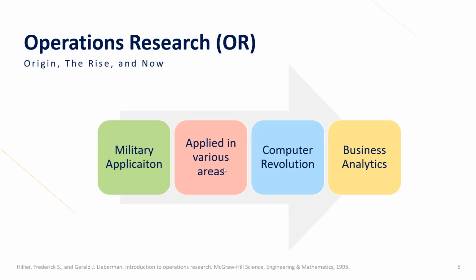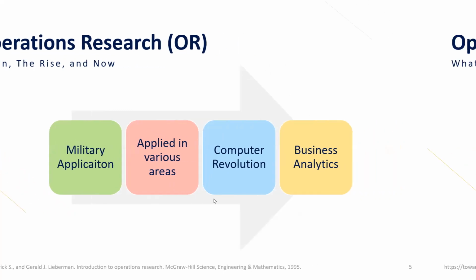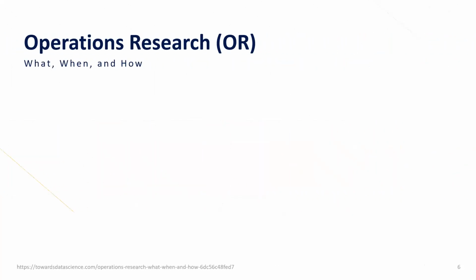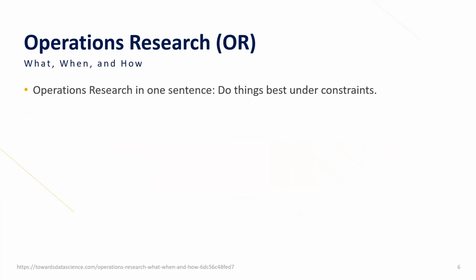The details will be many, but that is the basic explanation. But why are we interested in operation research, and how does it relate to the optimization techniques that we will learn today?